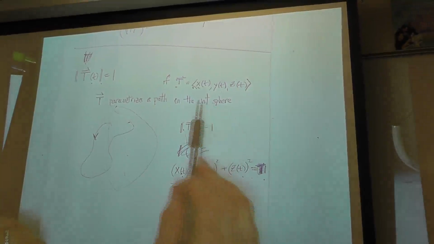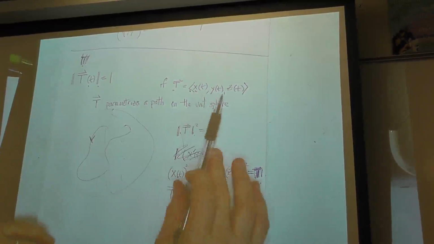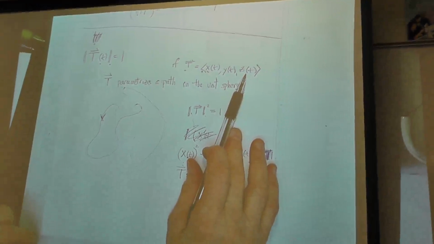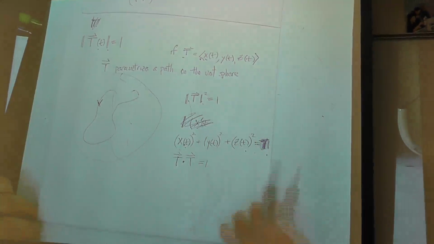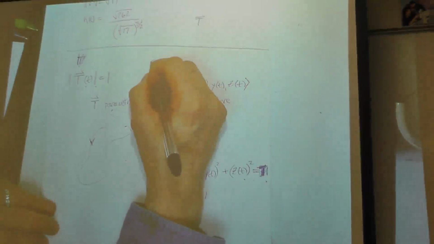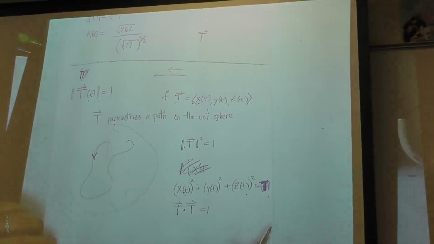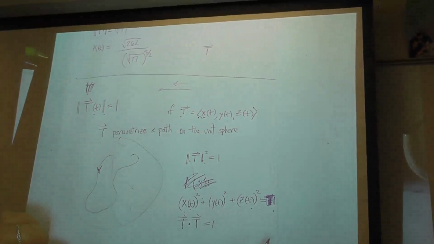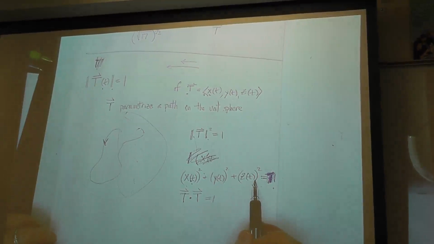I mean, what's T dotted with itself? It's X times X, X squared, plus Y times Y, Y squared, plus Z times Z, Z squared. This is why on the test, if you have 2 vectors that are pointing in the same direction, their dot product's positive. Just a slight generalization of this case. Okay?